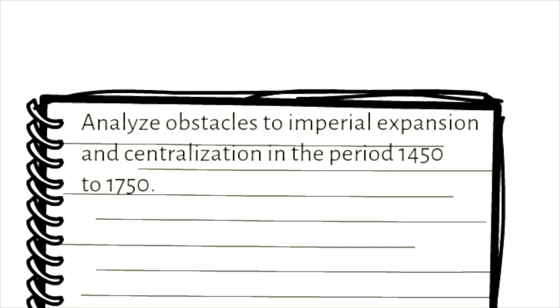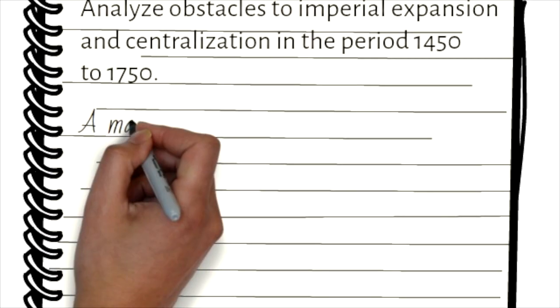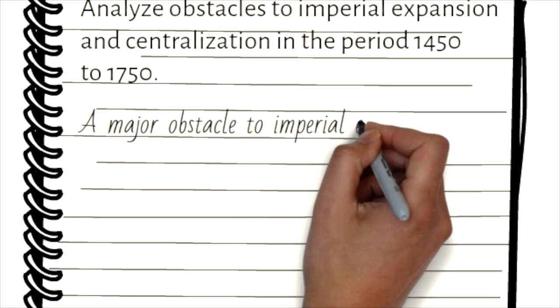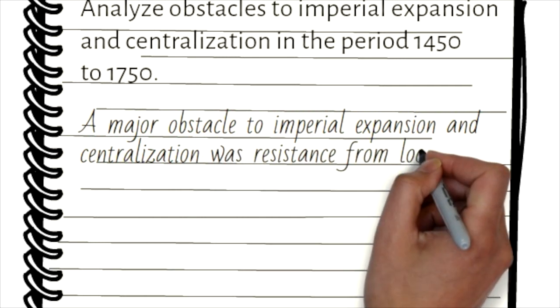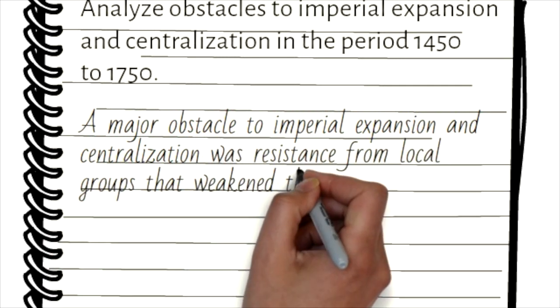So let's say you have this prompt where you have to analyze obstacles to imperial expansion and centralization in the period 1450 to 1750. And your claim, and this is your first sentence in your paragraph, needs to answer that right back. It could be, a major obstacle to imperial expansion and centralization was resistance from local groups that weakened the rule of empires.